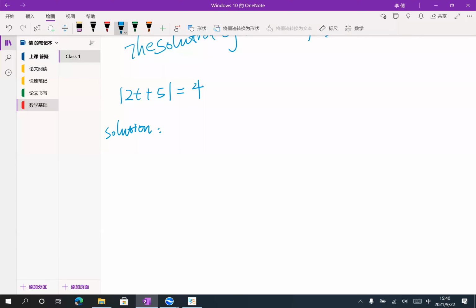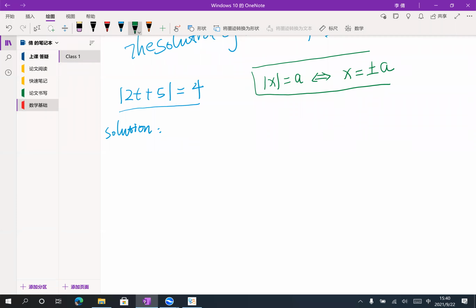To solve this equation, we also need to use the property: the absolute value of x is equal to a if and only if x is equal to positive or negative a, right? We only need to use this property.